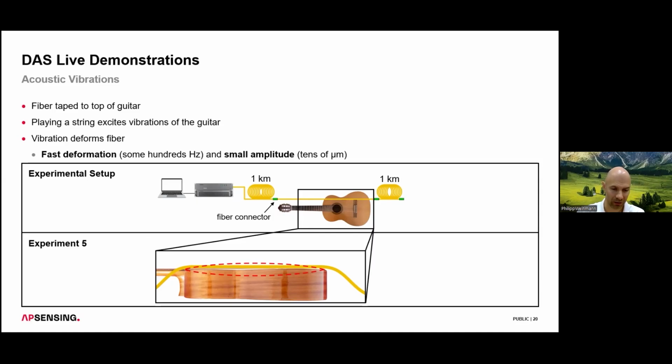So for a guitar, what I could read on the internet is that if you play a guitar, then the housing oscillates with an amplitude of around tens of micrometers, so much less than the few centimeters I was deforming the aluminum bar right now.